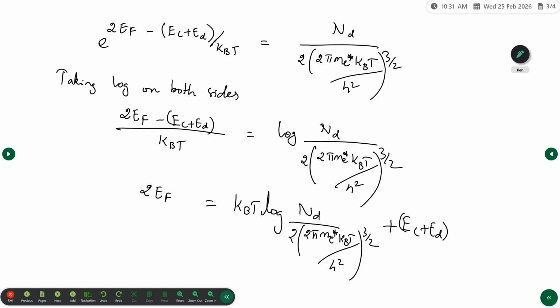I have taken that minus outside, that's why it becomes EC plus ED. So next step, you will get the answer. Just divide it by 2.